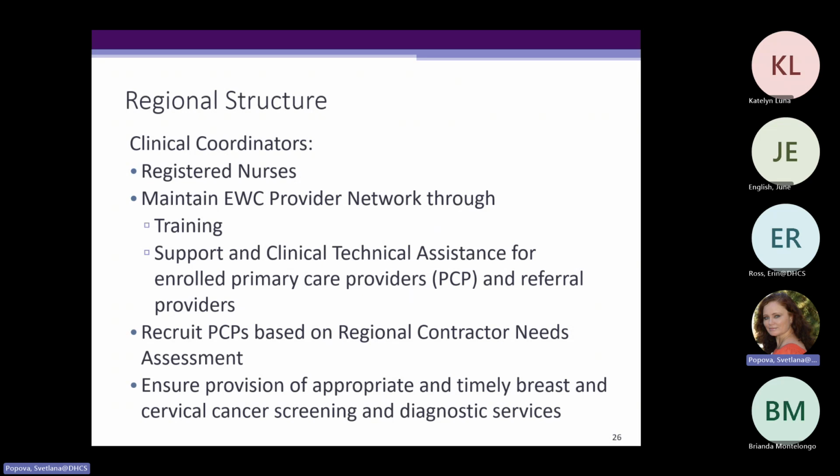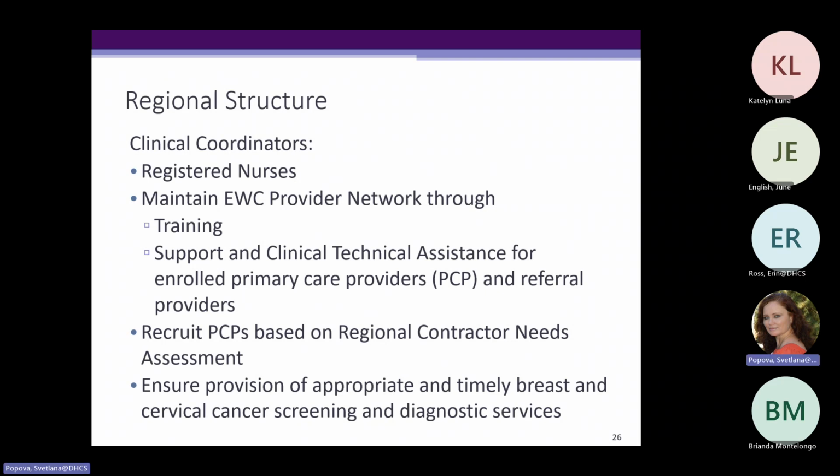They recruit PCPs based on the regional needs, and as you all know, we're doing the RCNAP every year to make sure that our health educators' activities are aligned with and correspond to the activities that clinical coordinators do in terms of recruitment and provider network maintenance.